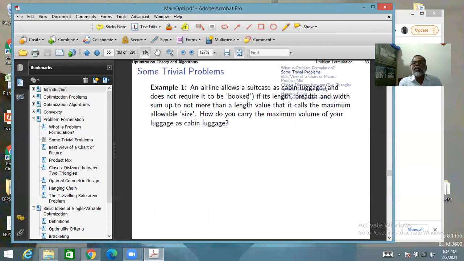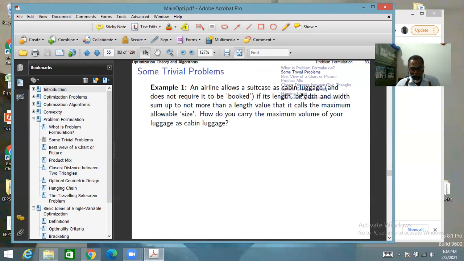Say an airline allows a suitcase as cabin luggage and does not require it to be booked if its size is within the maximum allowable size. And how does it define the size? The size is defined as length plus breadth plus width. Okay, three perpendicular dimensions.